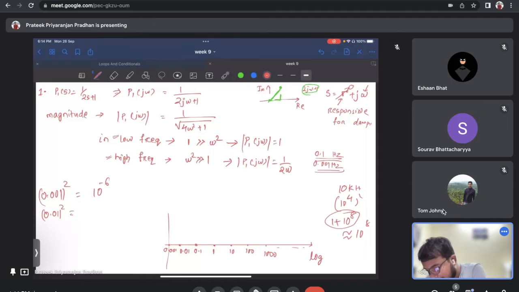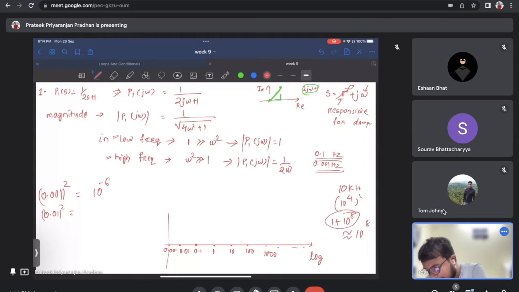Then the P of omega. In the low frequency range, I can write it as 1 by root over 1, because I'm approximating like that. Again, in the high frequency range, I can approximate 4 omega square plus 1 as 4 omega square.